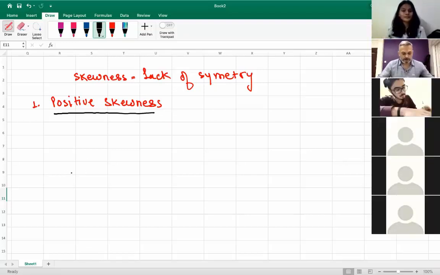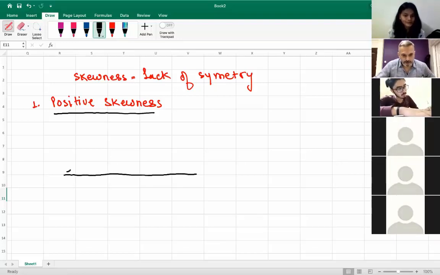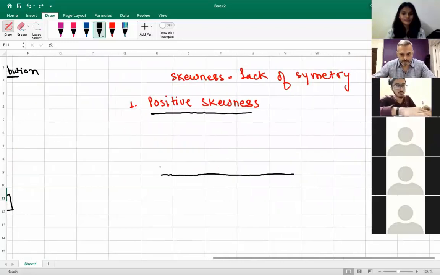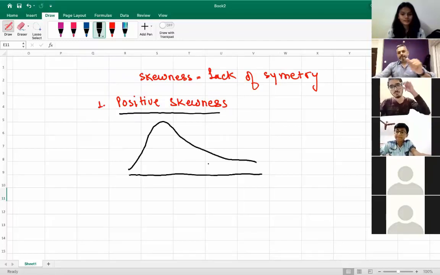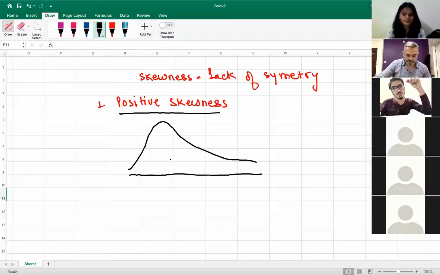First, let me draw a diagram of skewness. Here the slope is rising and then it is moving towards the right hand side. So this is a diagram of a positively skewed distribution.